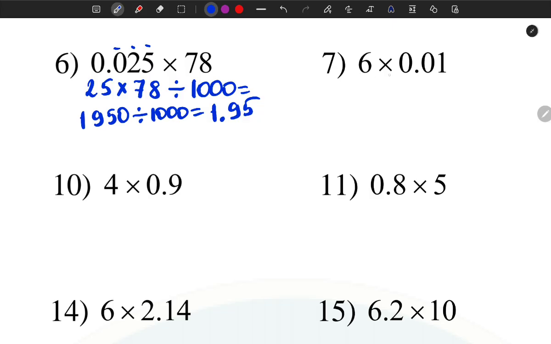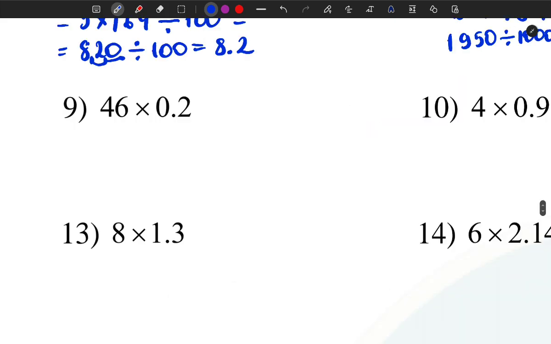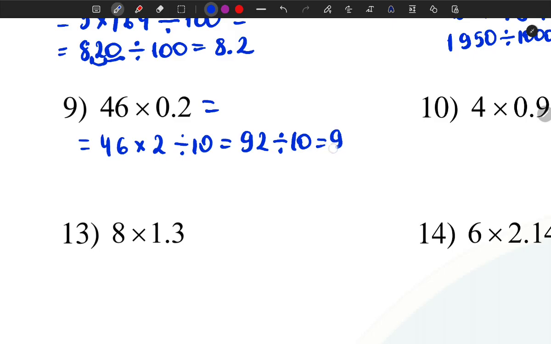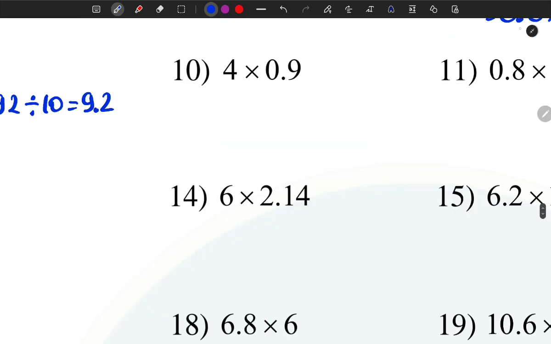Here we multiply 6 by 0.01 and we multiply 6 by 1, then divide by 100, and we get 0.06. Here first we multiply 46 by 2, then divide by 10, and we get 92 divided by 10, 9.2.